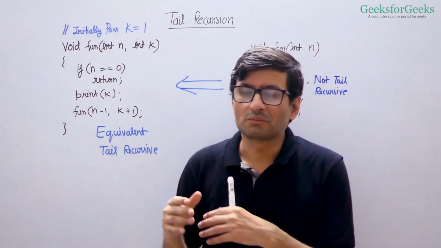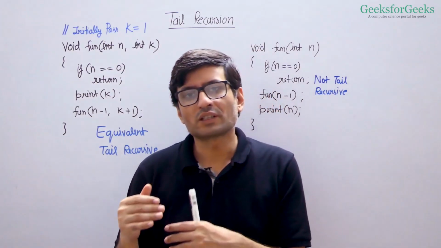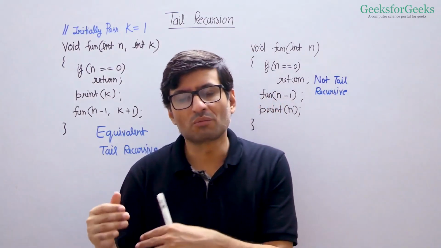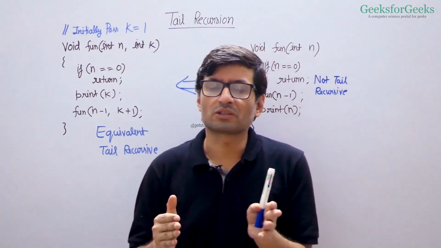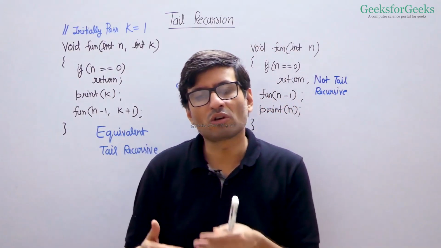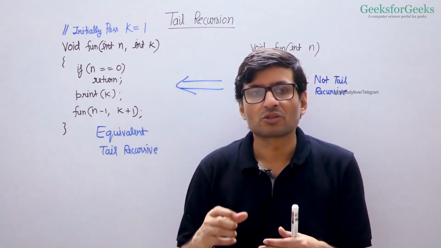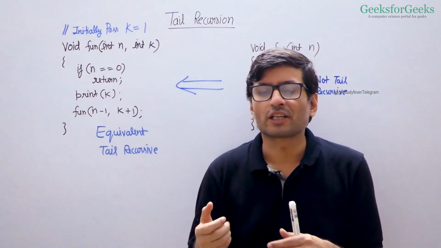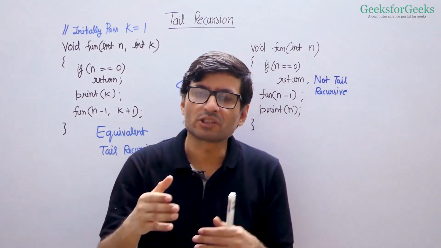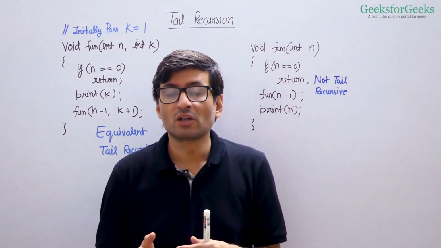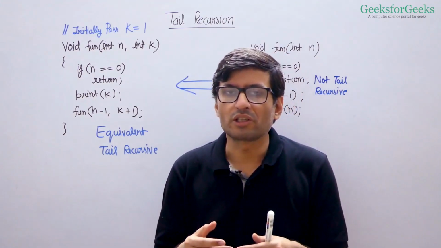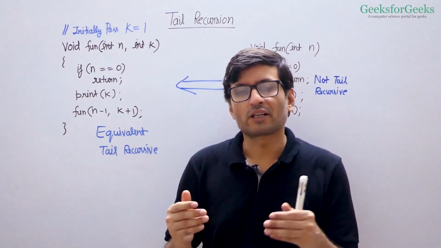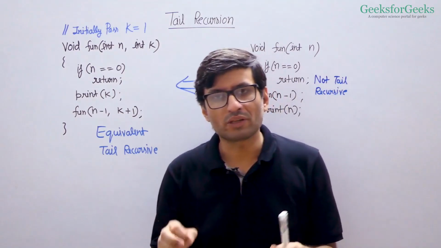What happens in merge sort? You first recursively call merge sort for the first half, then you recursively call merge sort for the second half, then you call a function merge. So the calling of function merge can happen only when you have recursively sorted the first and second halves. On the other hand, in quick sort, you first call the function partition that partitions the array around a pivot.